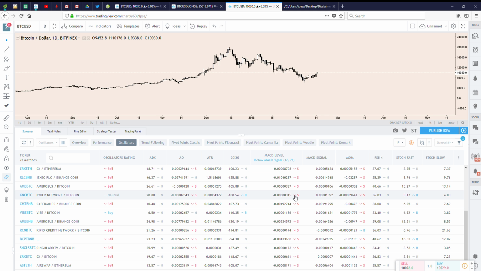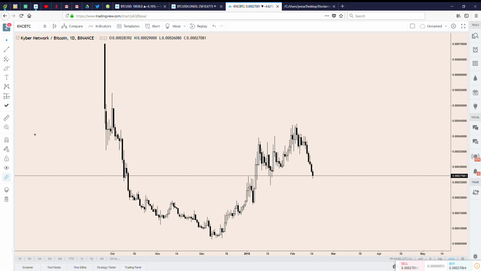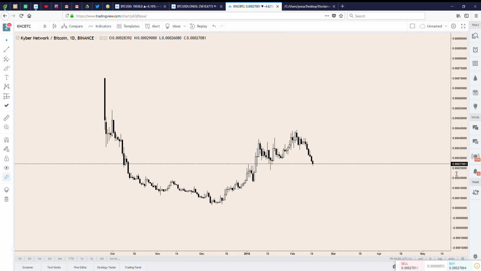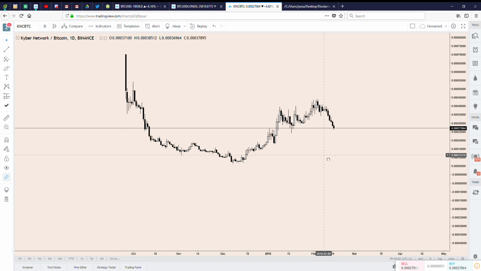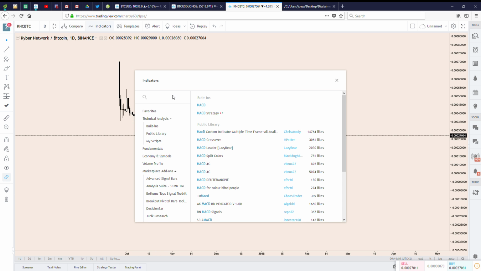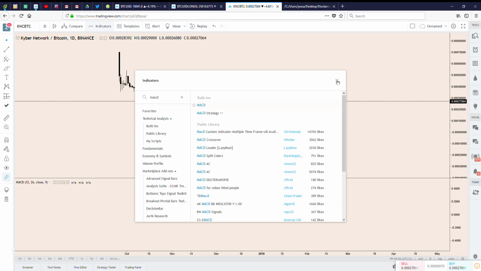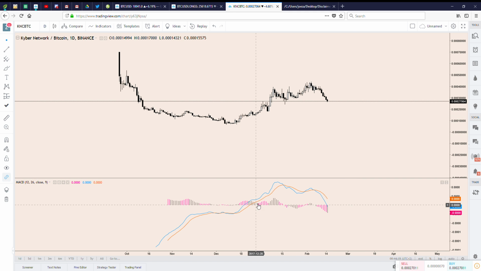So let's just pick any random coin here. I think KNC, I think a lot of guys actually had KNC as a pick on Twitter. All right, so that's Kyber Network right now. We chose MACD, and just so you guys can see, basically what's happened is that the MACD has crossed below, right?